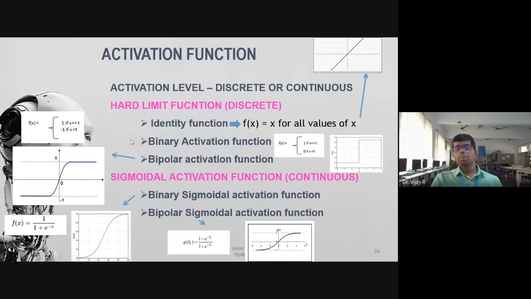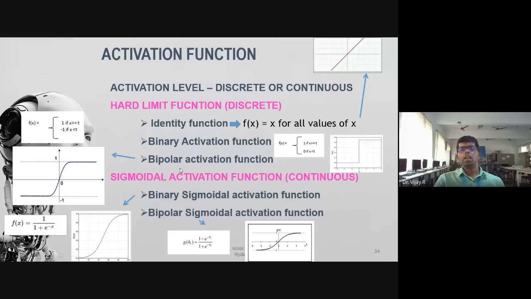The binary activation function is f of x equal to 1 if x is greater than or equal to t, and 0 if x is less than t.